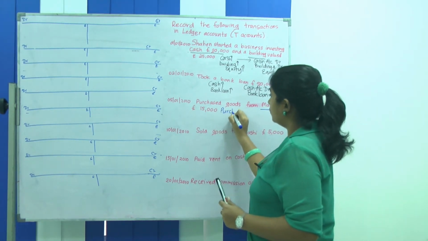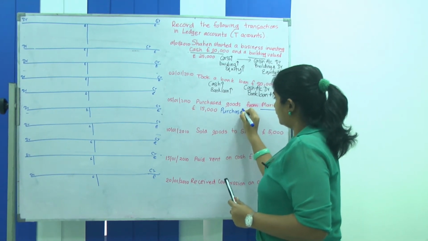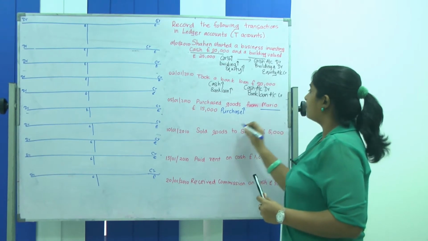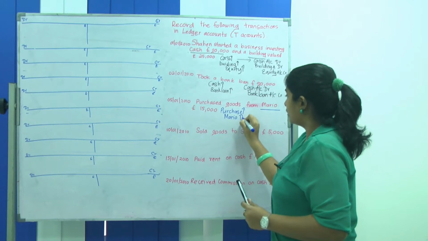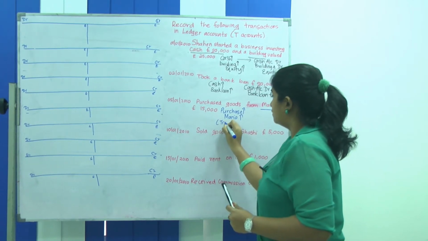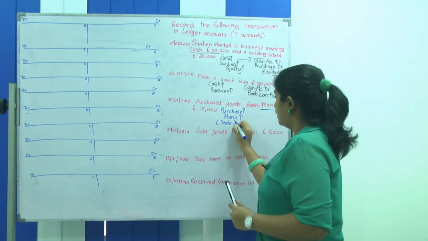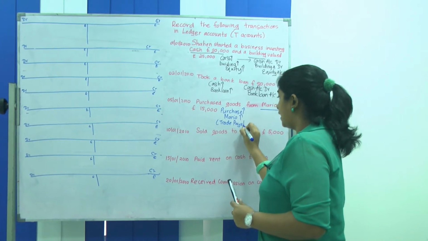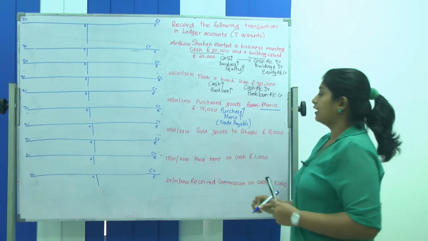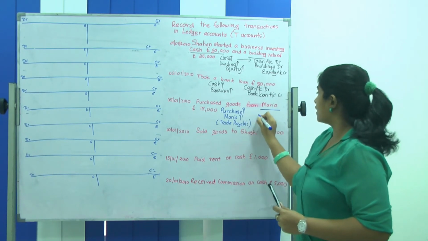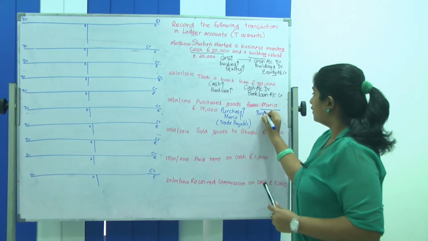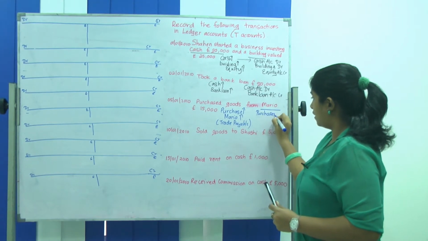Purchases expense goes up, purchases increases, and Mario is becoming a trade payable. Trade payables are liabilities. The liability increases. So when purchases expense increases, it will be debited to the purchases account.